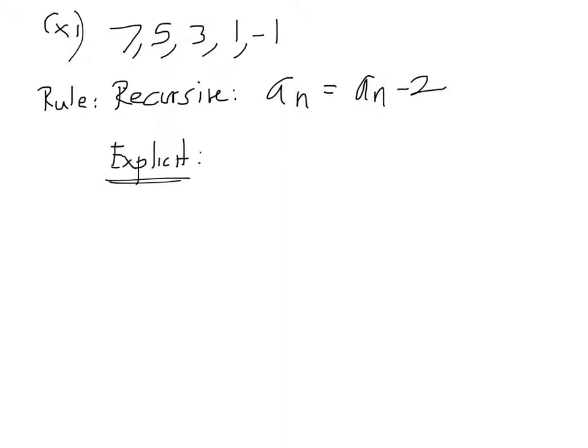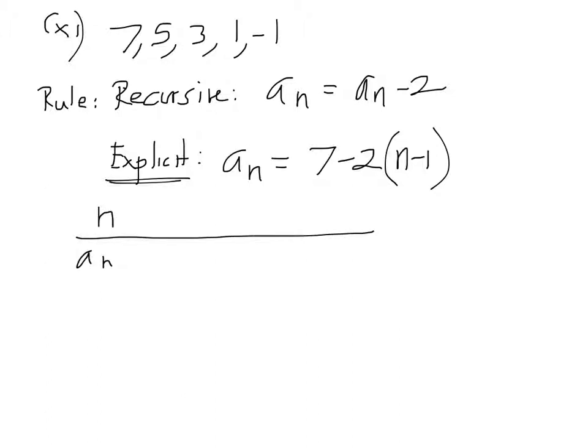explicit rules are better, okay, here, since we're constantly decreasing by 2, it's linear. So we start at 7, and we're decreasing by 2, okay, so that would be the explicit rule, because if you look, n and a sub n, 1, 2, 3, 4, 7, 5, 3, 1.